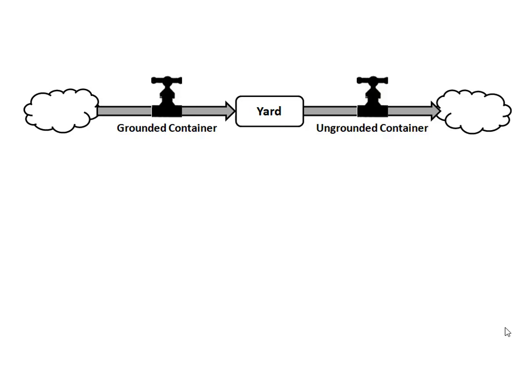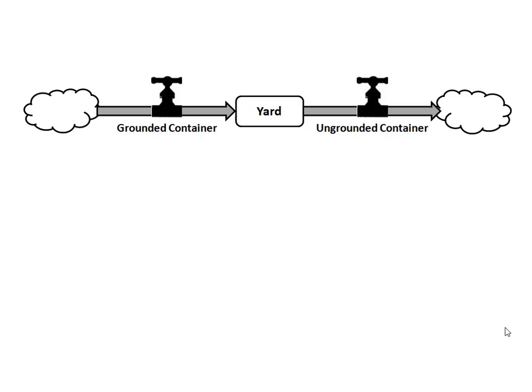But the reality is things that need to be synchronized need to come to rest. If I'm waiting for 5 containers to arrive before I can do a consolidation, at the very minimum, I'm probably going to end up with 4 of them in the yard until the 5th one arrives. Even with the 5th one arriving, my warehouse might not be ready to do the consolidation, so all 5 will get grounded in the yard, and when the warehouse is ready, we'll go get those 5 containers and bring them over to the warehouse.